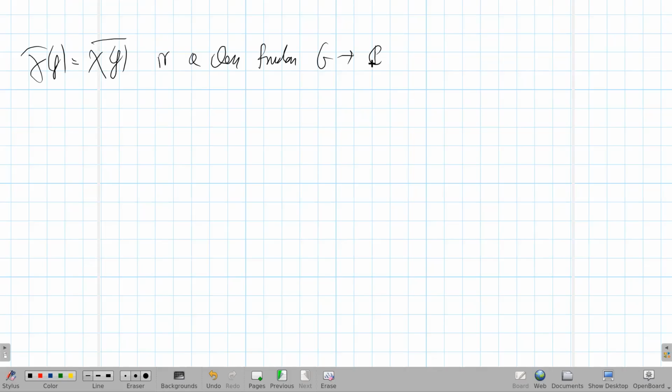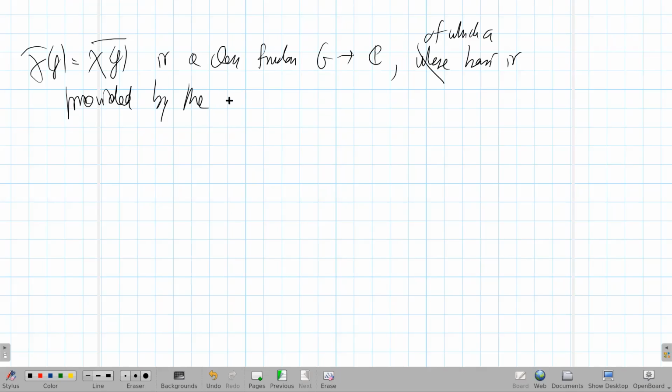And as such, you know, we saw using the orthogonality relations, that a basis of the space of class functions from G to C is provided by the irreducible characters.